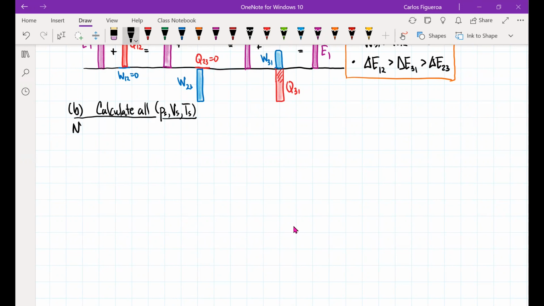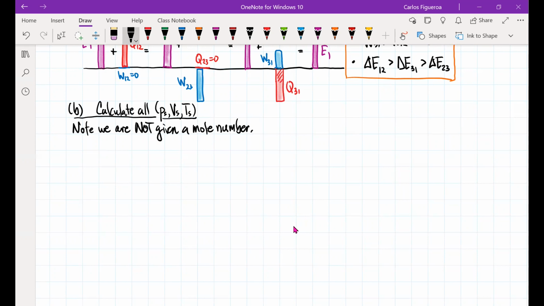Note, we are not given a mole number. Because we're not given a mole number, this strongly suggests that you should be using the ideal gas law conditions, not the ideal gas law equation. And we'll look here in a moment to see if it makes sense.